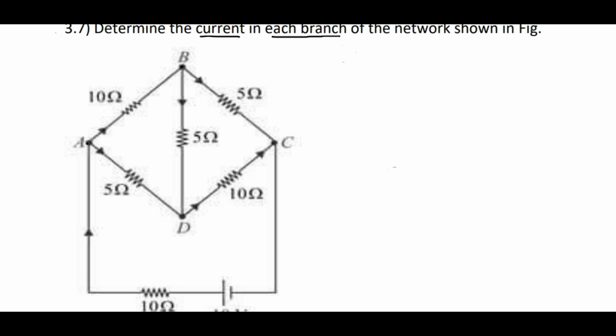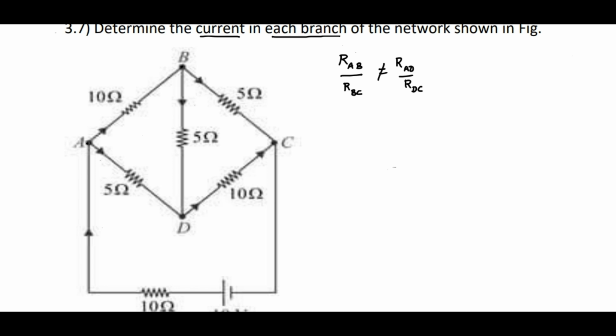According to the balanced Wheatstone bridge condition, the resistance across AB divided by resistance across BC should be equal to resistance across AD divided by resistance across DC.